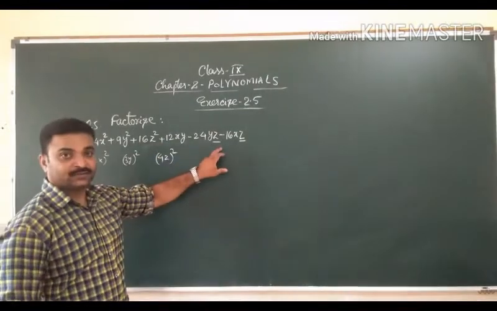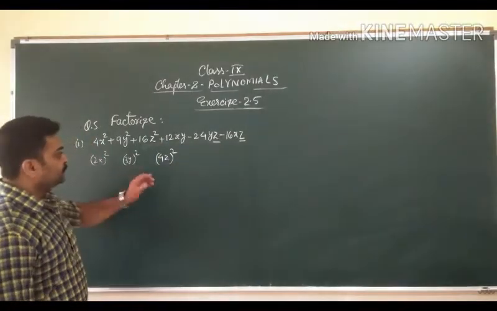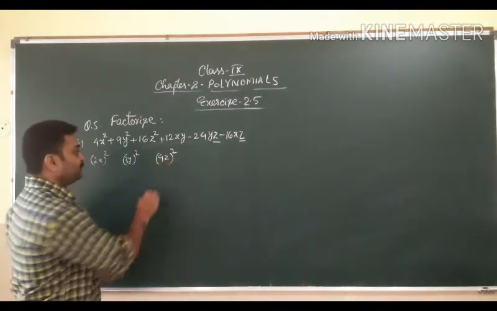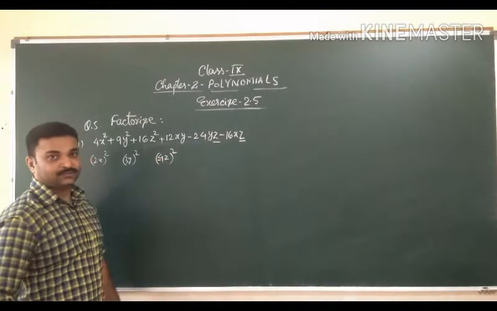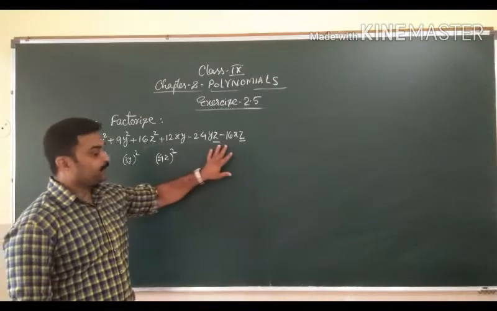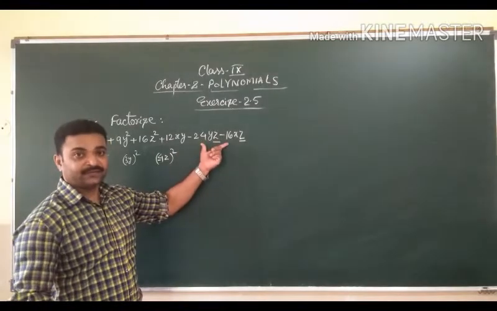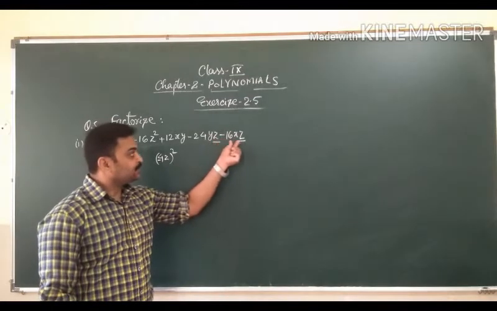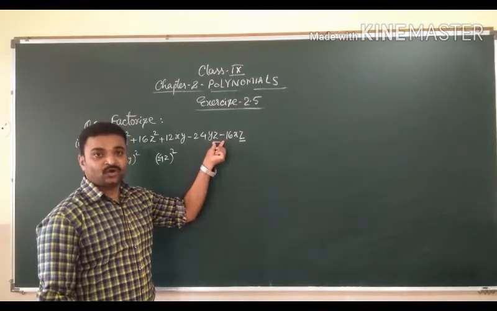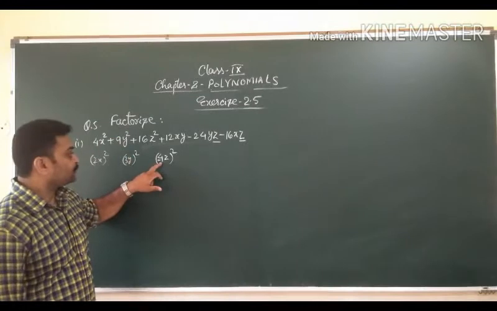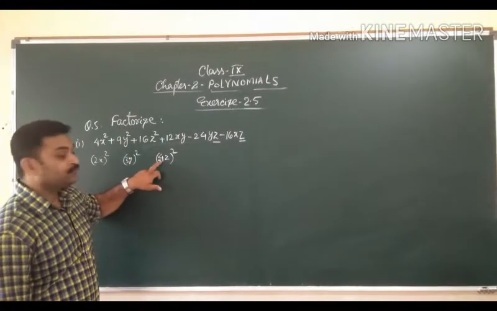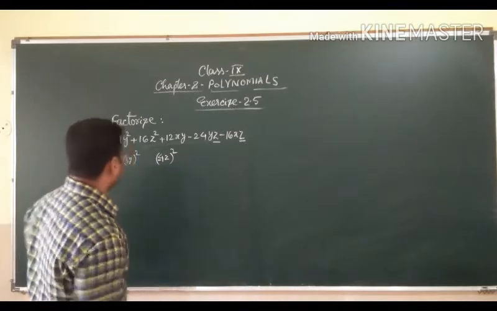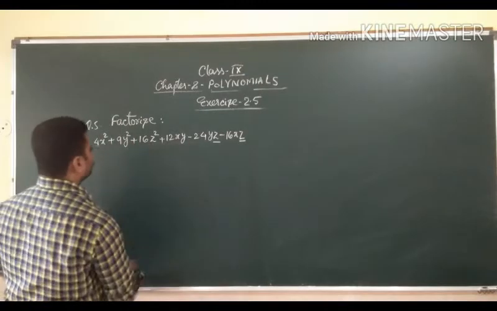Clear? That means our C part, or z part, will be negative. Whenever you get two terms negative, and in these two terms z is common, then the common part, that is 4z, will be the negative term. Clear? Now we will write again.